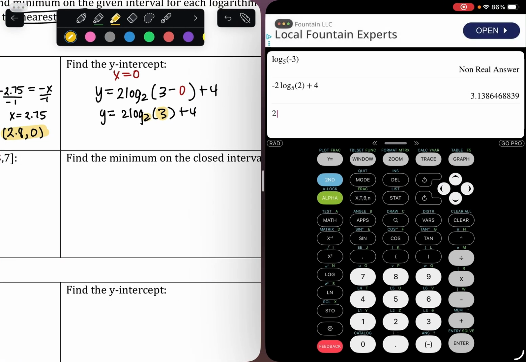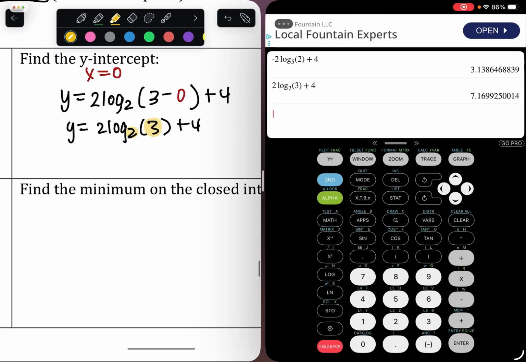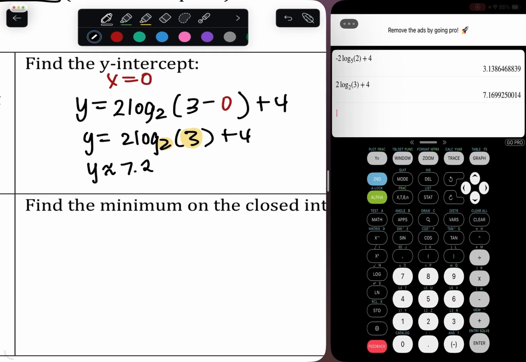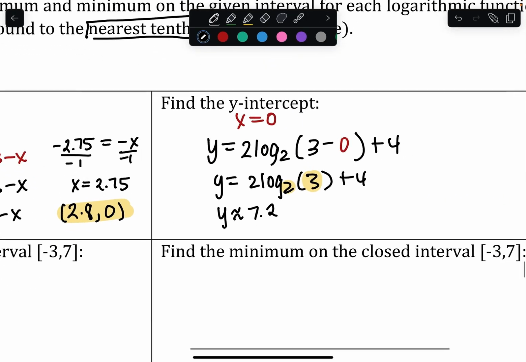And so 2 log base 2 of 3 plus 4 gives me approximately 7.2. Okay, and so as an ordered pair, (0, 7.2).